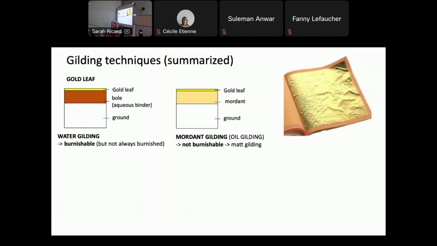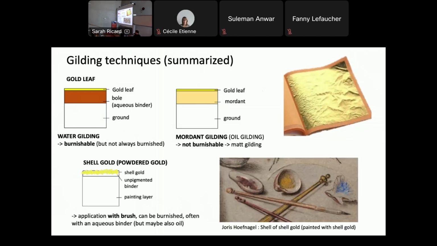So it's the main difference that also has an impact on the way that these different gilding surfaces appear afterwards. Hence, a distinction between water gilding as something that is bright, burnished and much more specular, and on the other hand, mordant gilding that is a matte gilding that does not appear with the same properties as water gilding.